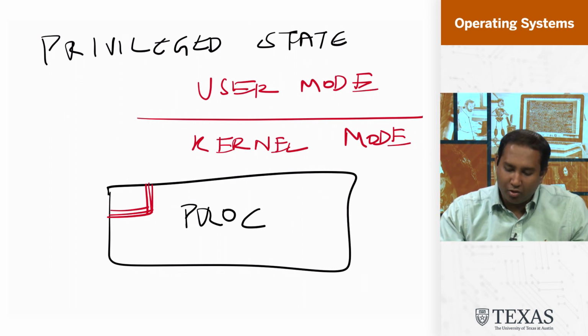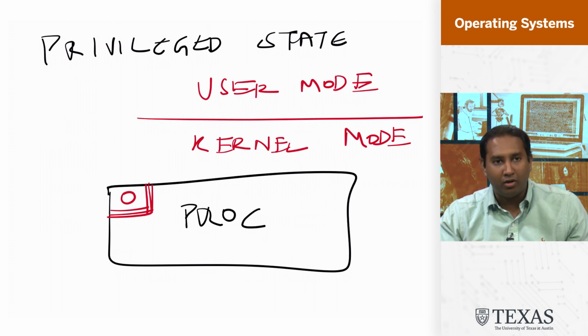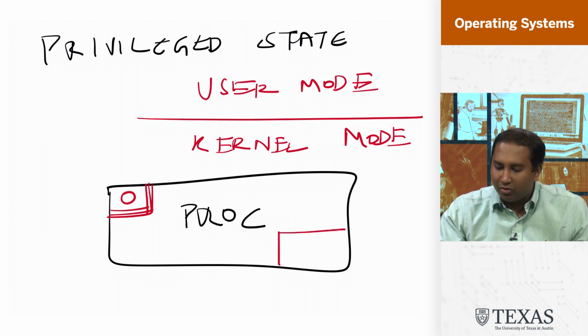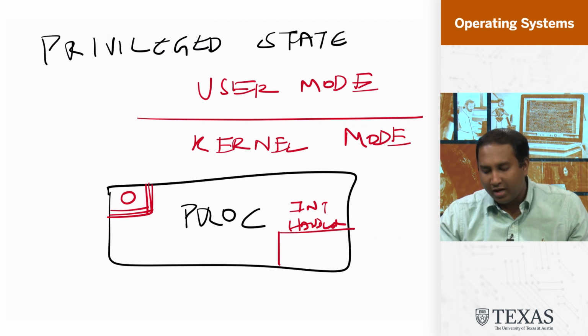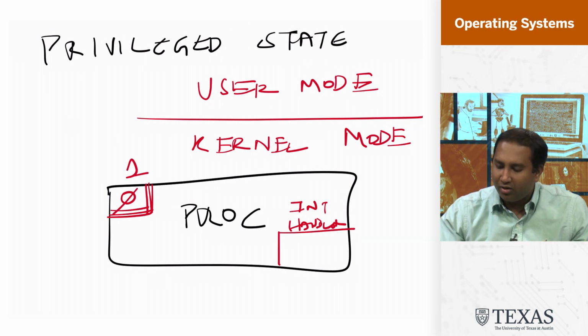If it's 0, you are in user mode. If it's 1, you're in kernel mode. Now, if you are trying to write to the interrupt handler, that can only happen when this particular bit is set to 1. So that's really how it ensures that nobody else can touch the interrupt handler.